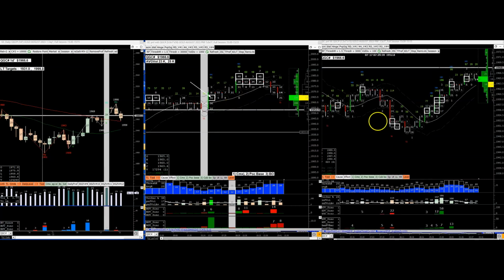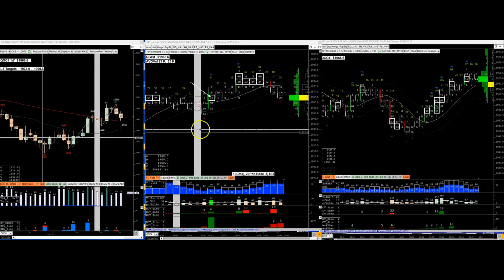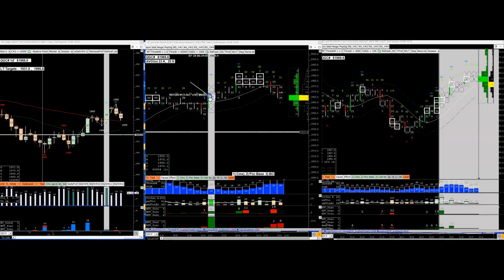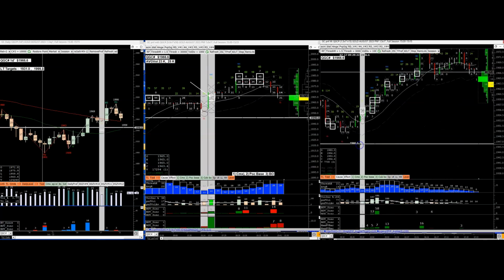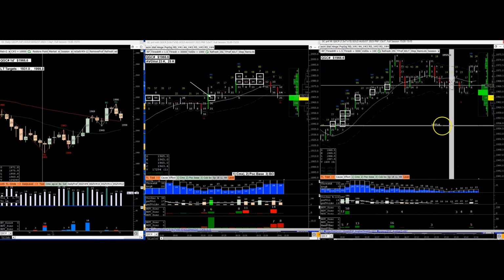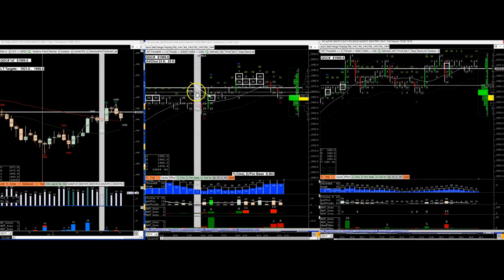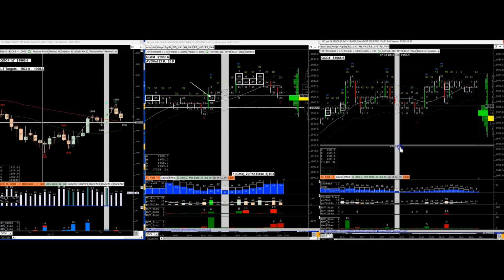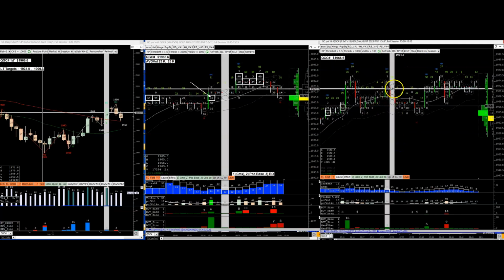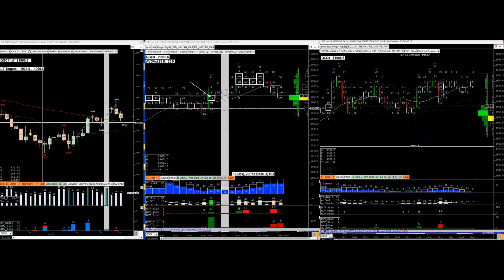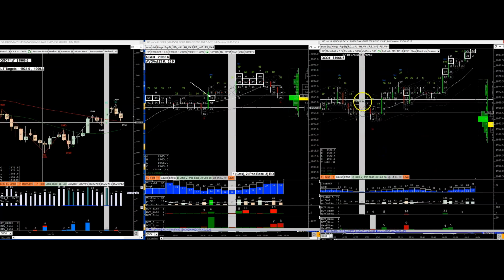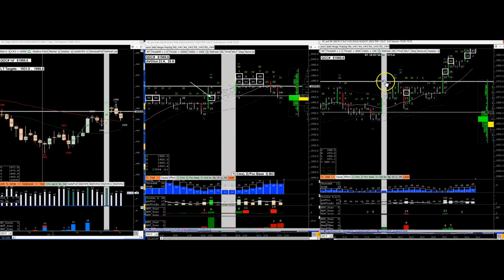So now we just move that level there. All right. Move the level there. And now pull back up, pull back. You have a base and you have a break, higher high.